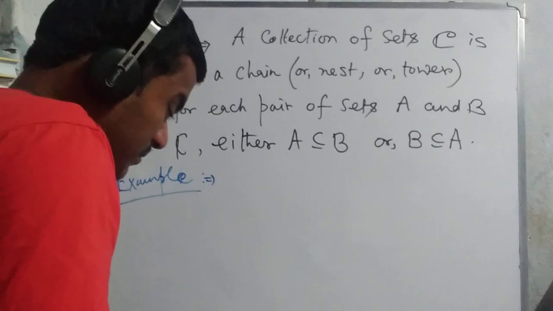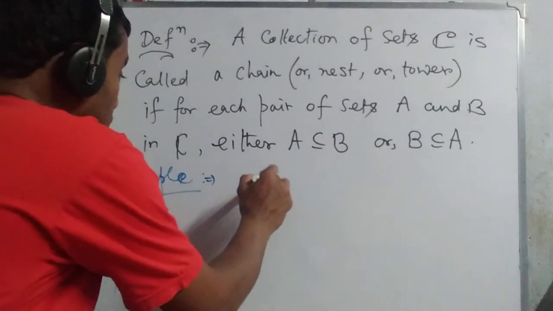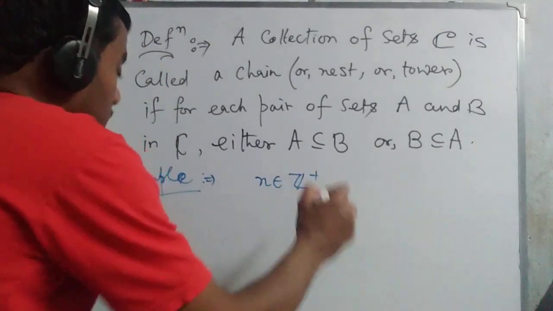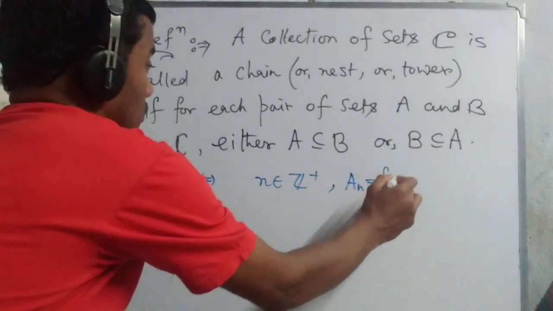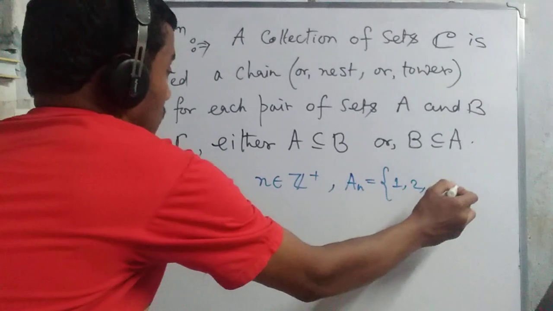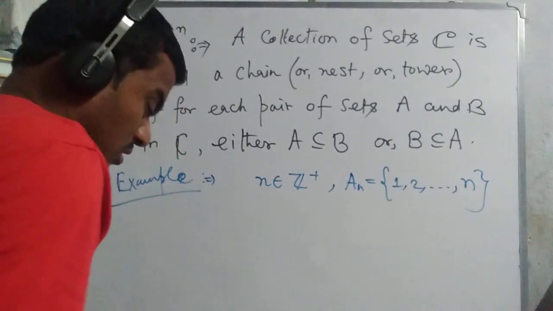For any positive n belonging to Z plus, positive integers, let A_n equal {1, 2, ..., n}.